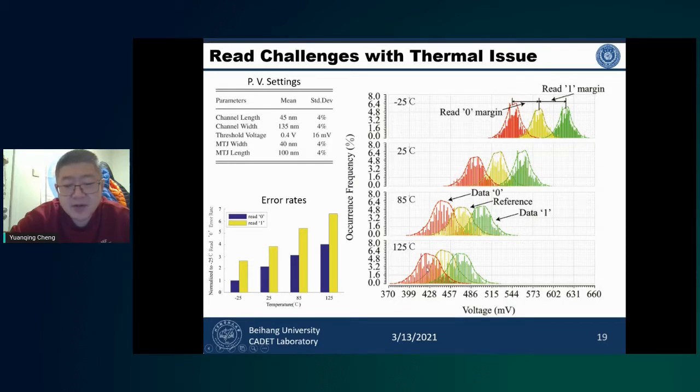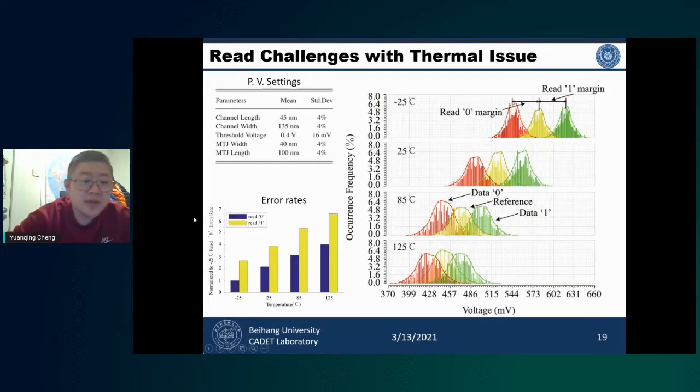This means that we will have a high probability to read erroneous data from the MTJ. For example, sometimes we would like to read out 0 from the MTJ. But in fact, due to the overlapping in this region, we may erroneously read out data 1.